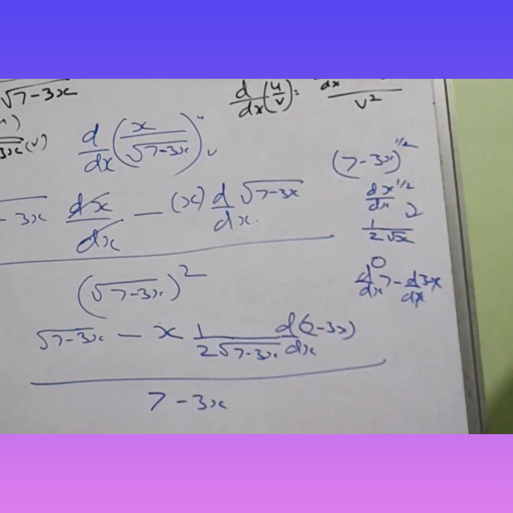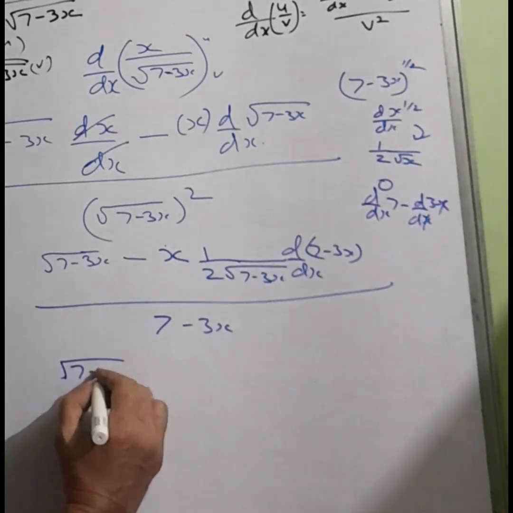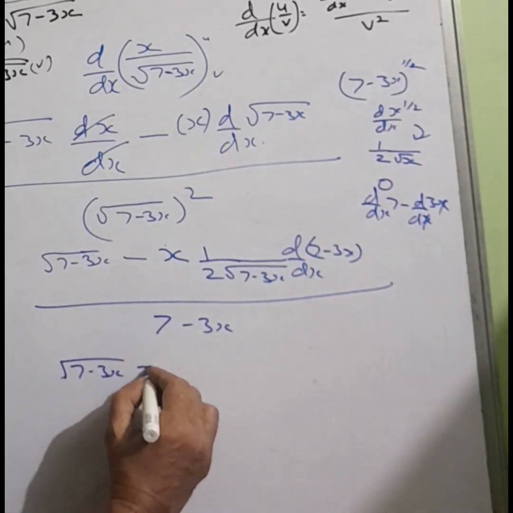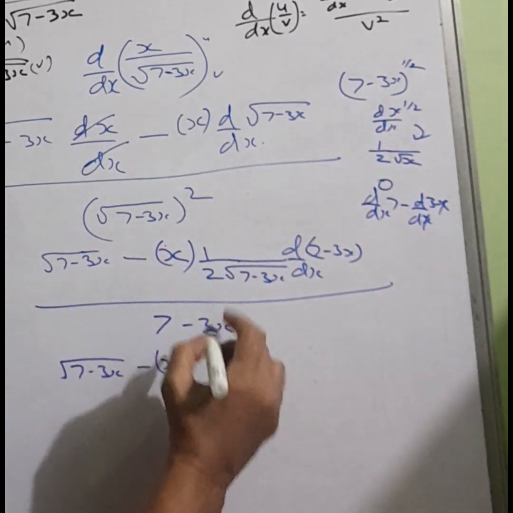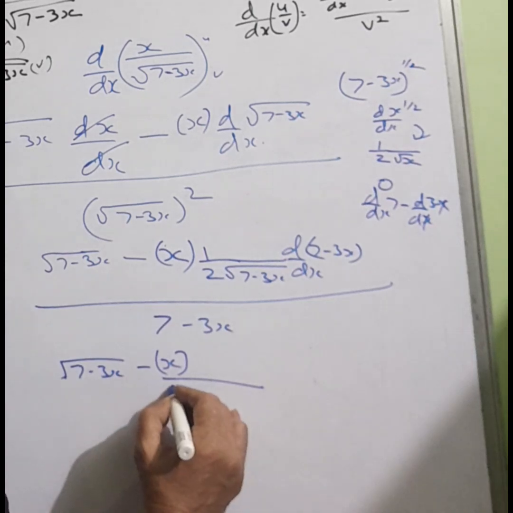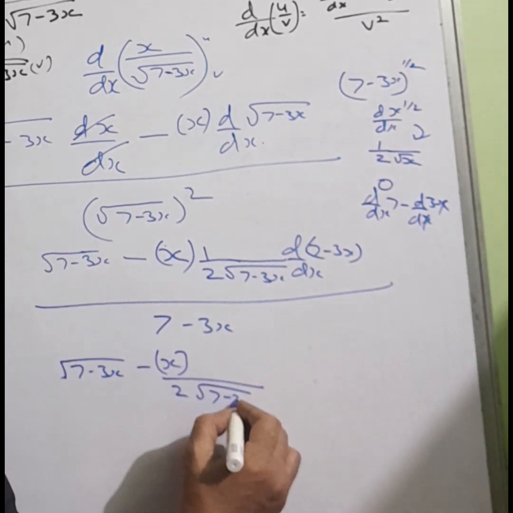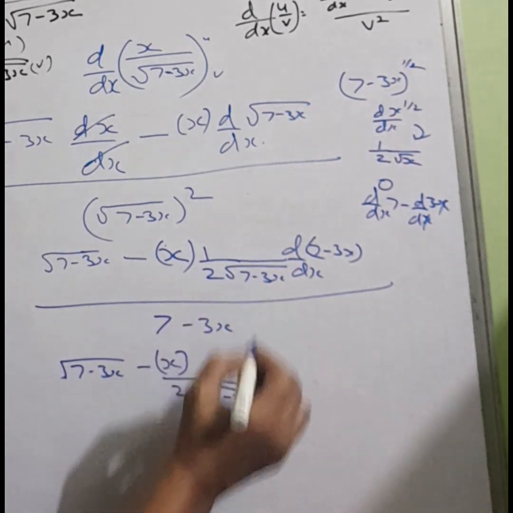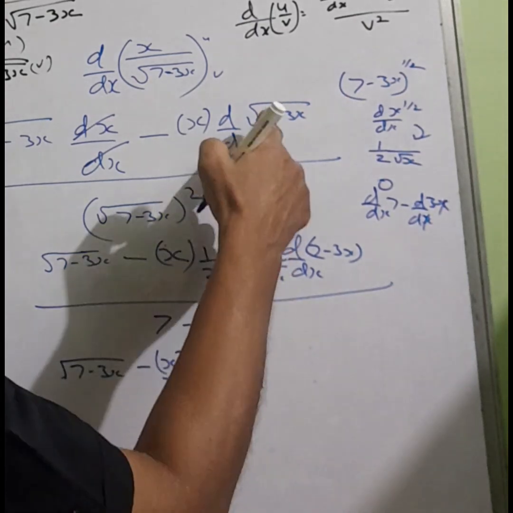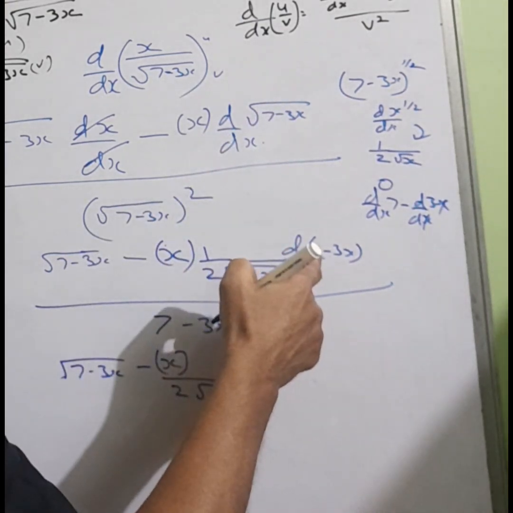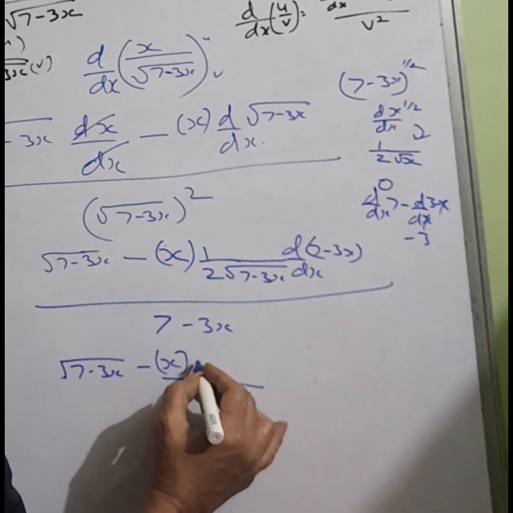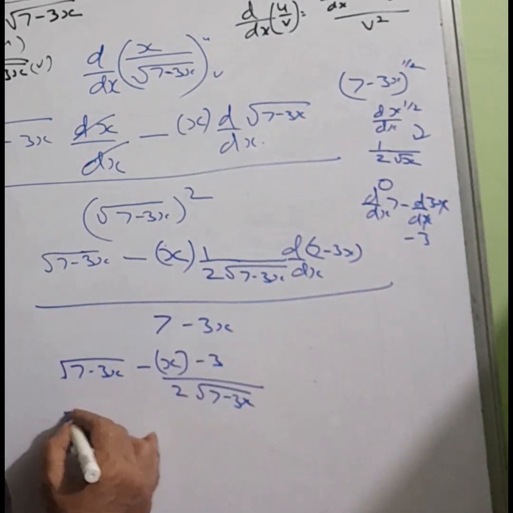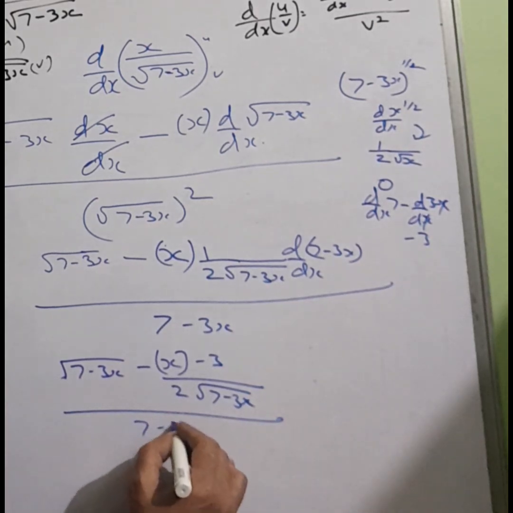So in next step what we write is root of 7 minus 3x remains as it is minus x into 2 root 7 minus 3x. Alright, that is what we got on d by dx of this, and then we applied chain rule to this, so what we end up here is with 3, so into minus 3 divided by 7 minus 3x.